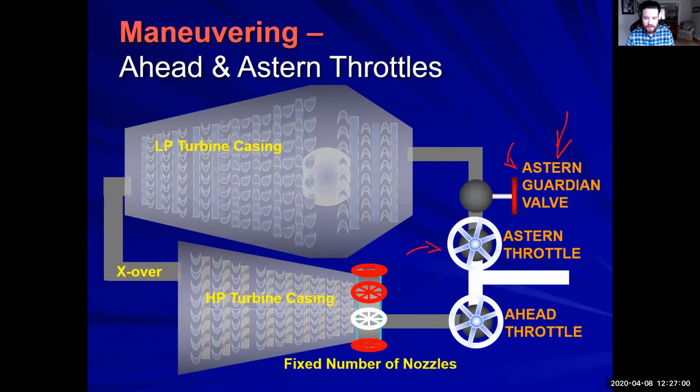These astern throttles are throttled, so they can get and not close all the way. All right, so you don't want steam leaking through and going into your astern when you're trying to go ahead. All right, and this is also just for protection, just in case someone opens up the astern by accident.